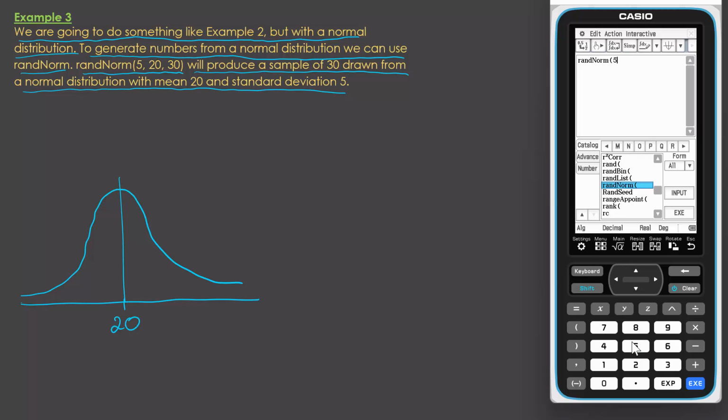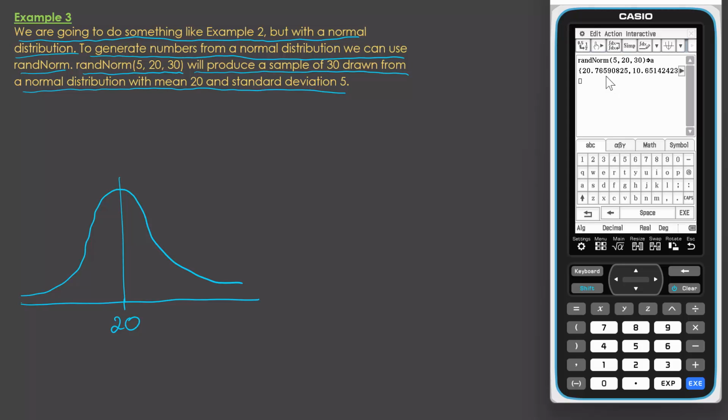So standard deviation 5, mean 20, and we want a sample of 30 drawn from this list. And I'm going to store that in A, but I'm just going to try and use this A really rather than the variable.